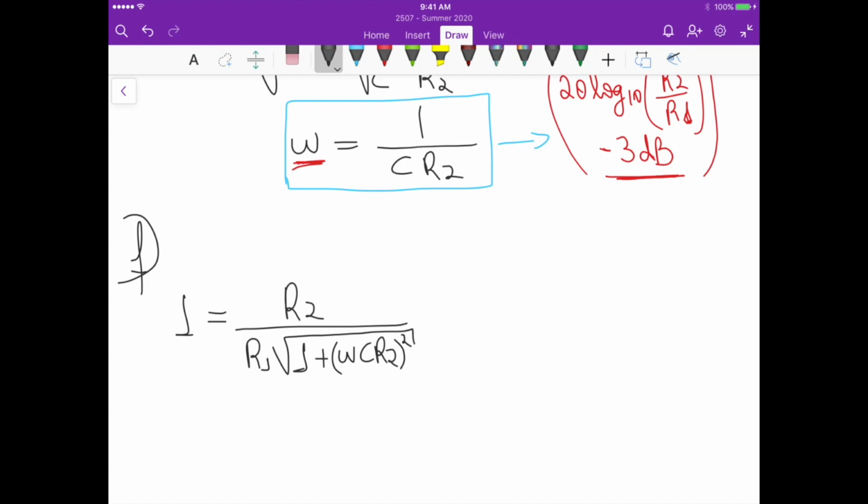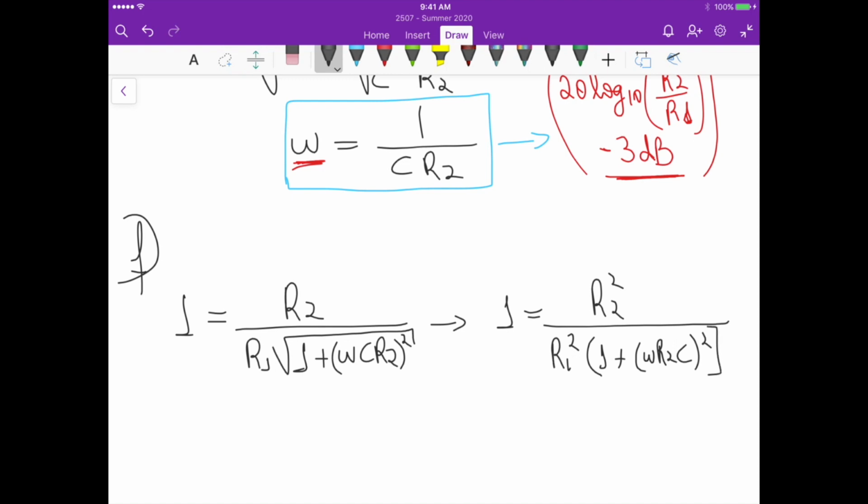So if we square both sides, that leads to 1 equals R2 squared divided by R1 squared times, now we get rid of the square root, 1 plus (omega R2 C) squared, right?